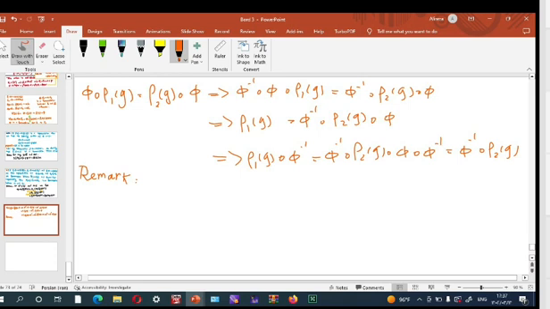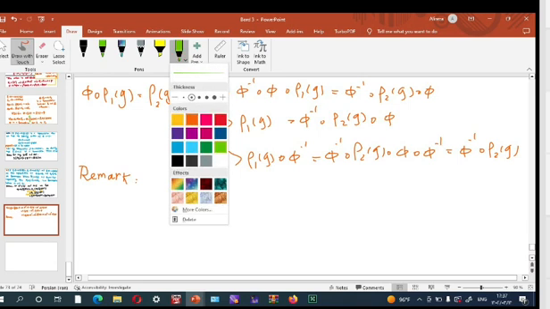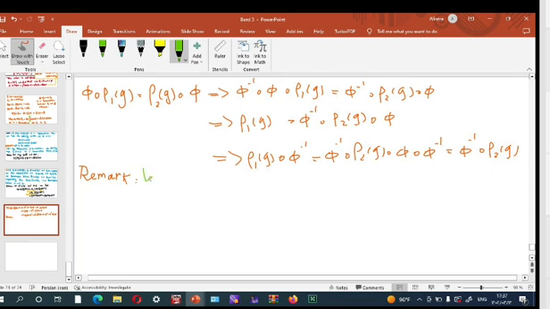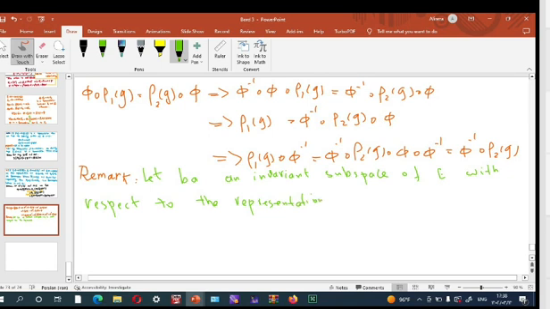Let F be an invariant subspace of E with respect to the representation rho from G to GL(E), for example.